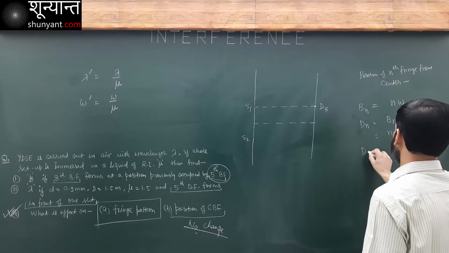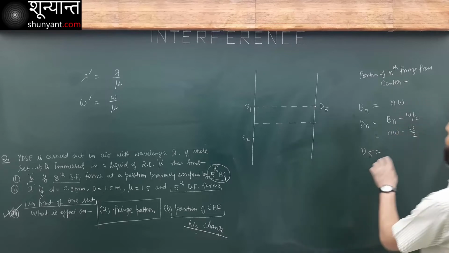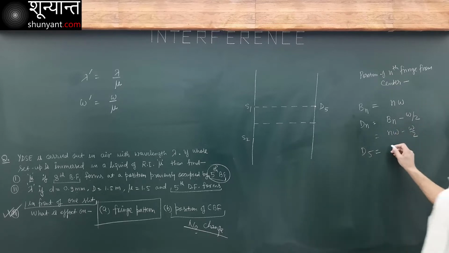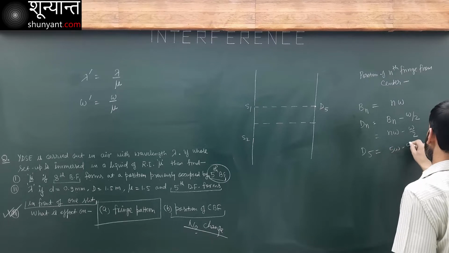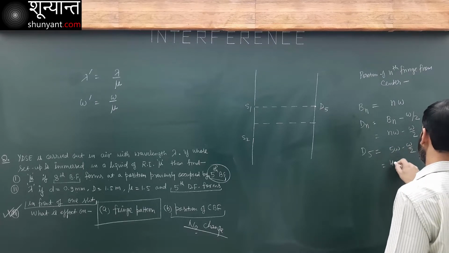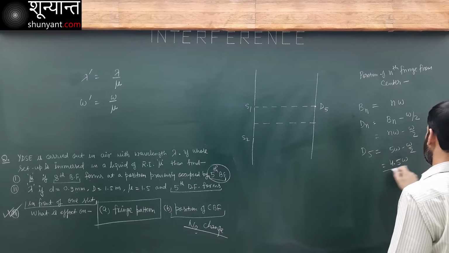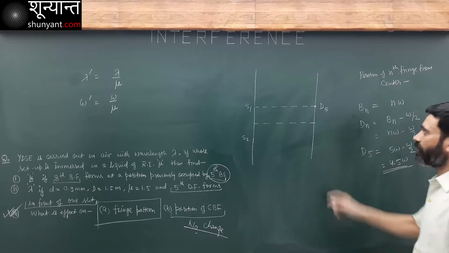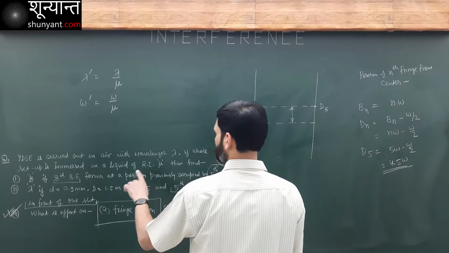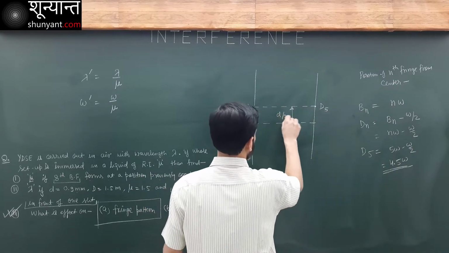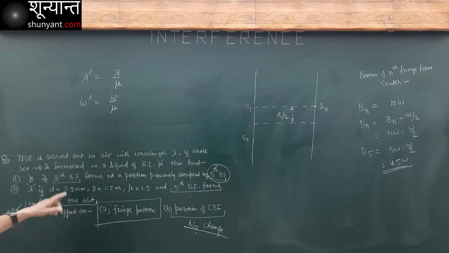So the position of the fifth dark fringe will be equal to 5 omega minus omega over 2, which becomes 4.5 omega. And this is equal to d by 2, since it forms in front of one slit.